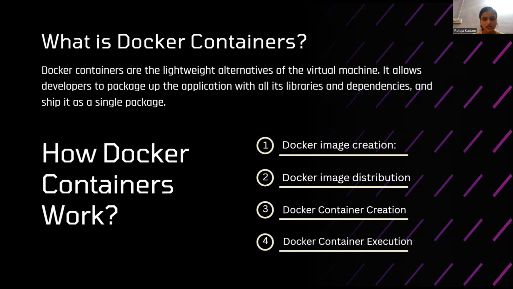The containers share the same operating system as the host, which makes them more efficient than virtual machines. Docker containers are also more portable than virtual machines. They can be quickly moved between different environments and can be easily scaled up as needed.